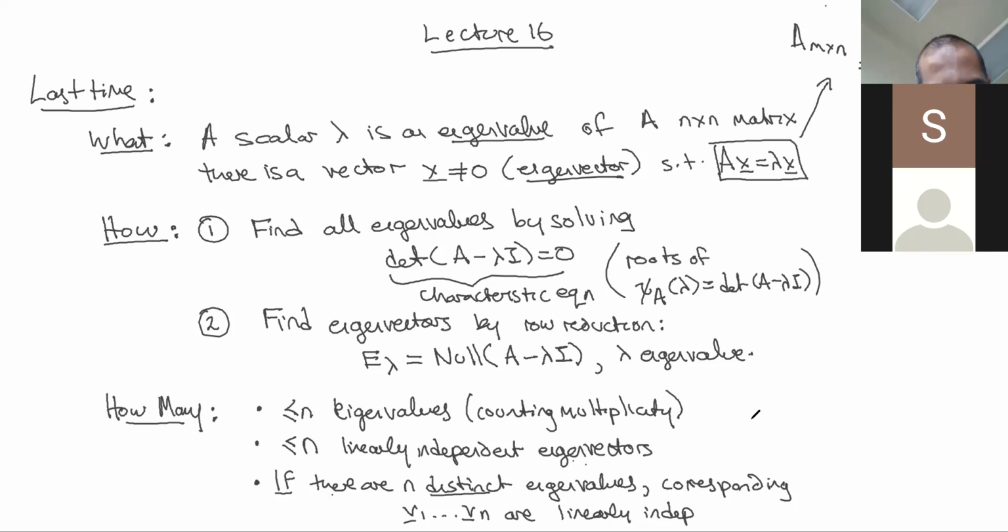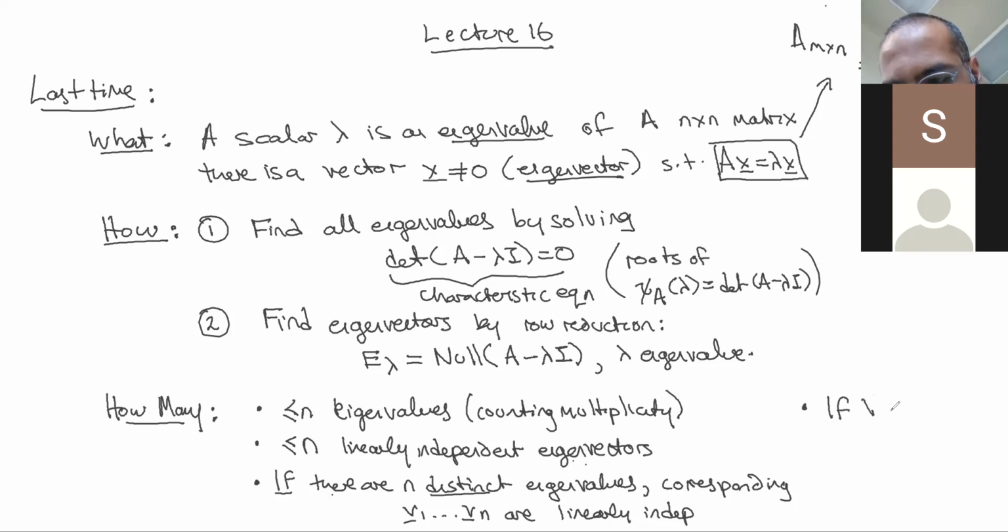Okay. So this is what we discussed last time, and we also had one more fact, which is, even if there aren't distinct eigenvalues, you can say something about the number of eigenvectors and how it relates to the algebraic multiplicity.